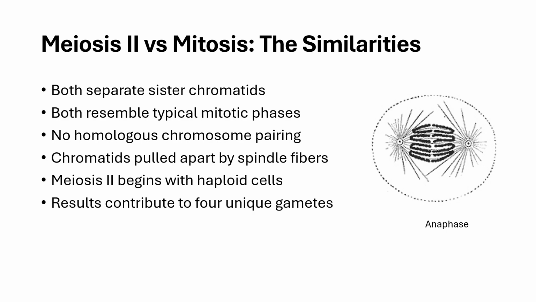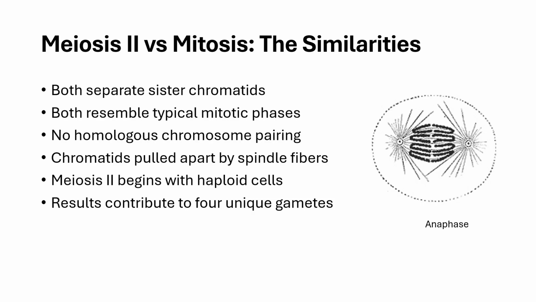While meiosis I is dramatically different from mitosis, meiosis II looks surprisingly similar to it. In both processes, sister chromatids line up along the metaphase plate and are pulled apart by spindle fibers during anaphase. There is no pairing of homologous chromosomes and no crossing over occurs.